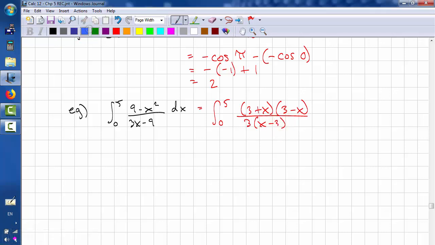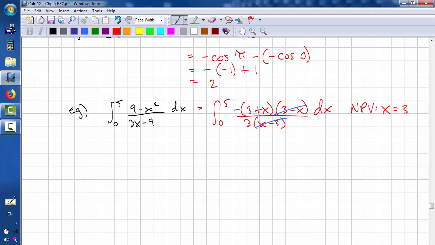Okay, we can cancel these two out. They differ by a negative sign, so we put a negative sign out front. And I gotta remember my syntax here. You need a dx.